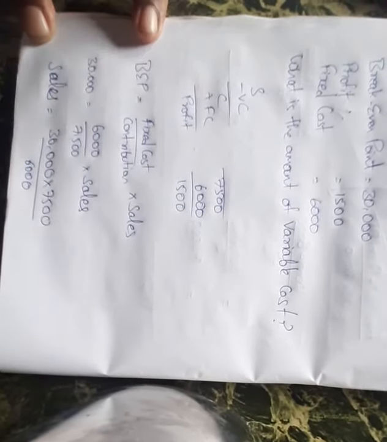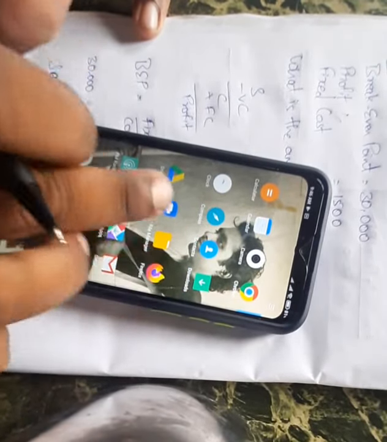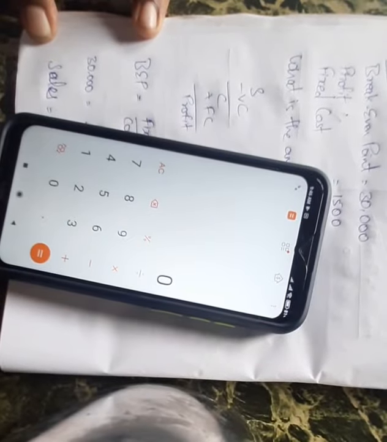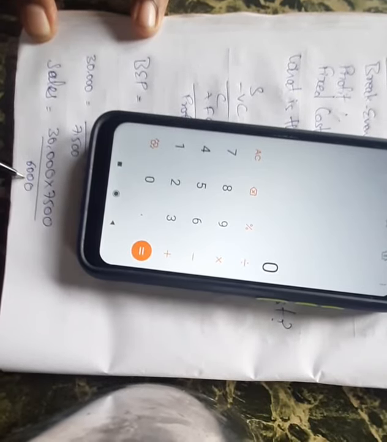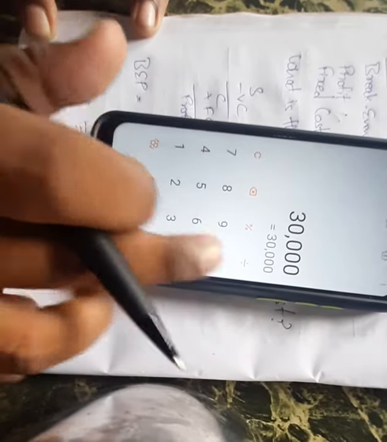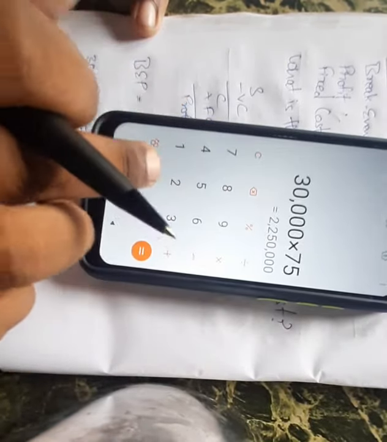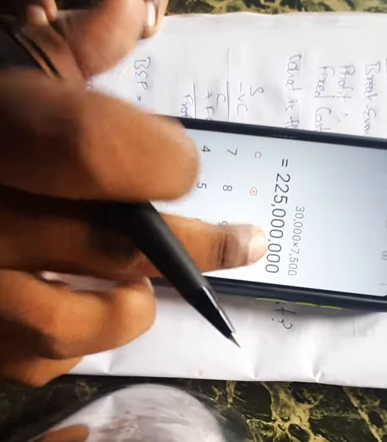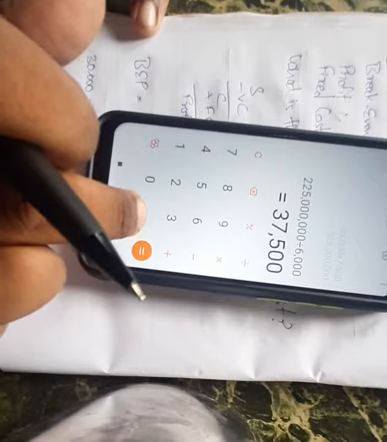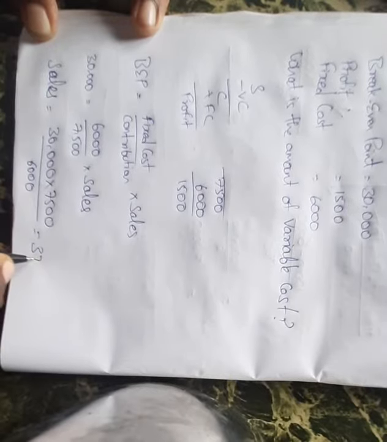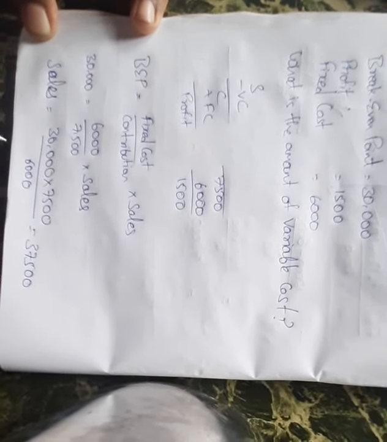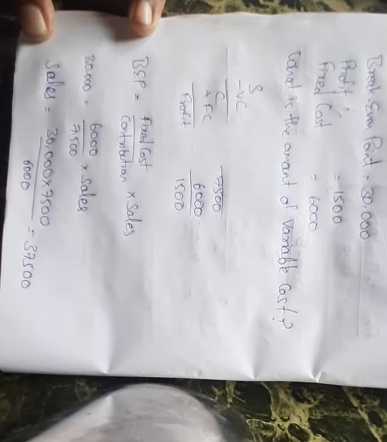Let us see the calculation. $30,000 into 7,500 divided by 6,000 is $37,500. Sales equal to 37,500.